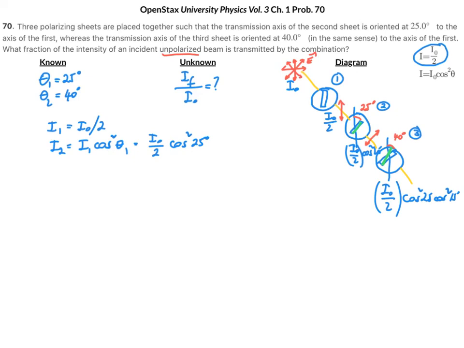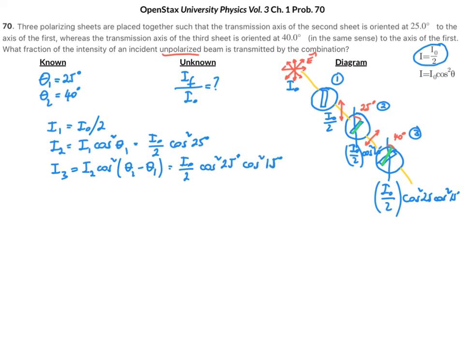So let me write the complete thing here. I3 is I2 cosine squared, and the angle is what I called theta 2 minus theta 1. So that is I0 divided by 2 cosine squared 25 times cosine squared 15.